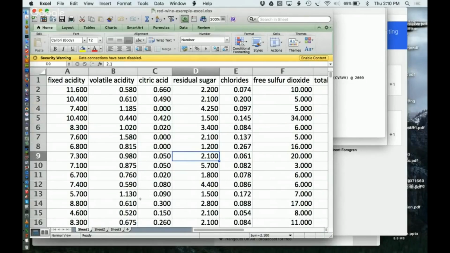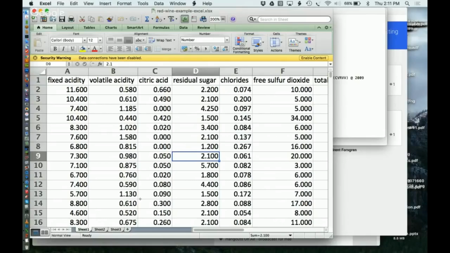So what they did is they got a number of volunteers to taste several different wines. I'm not sure how many, but probably tens or more. And they asked each person to score each glass of wine on a scale from 0 to 10.